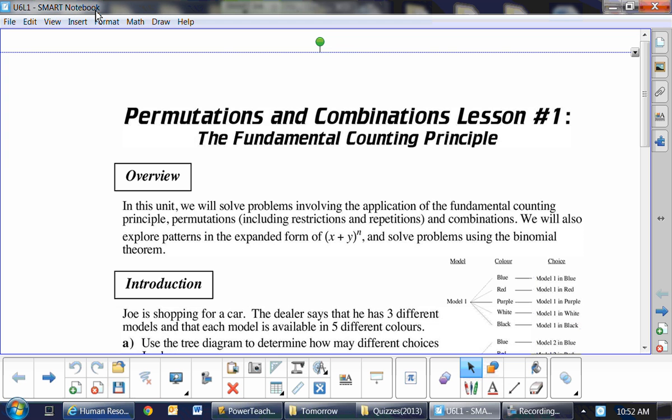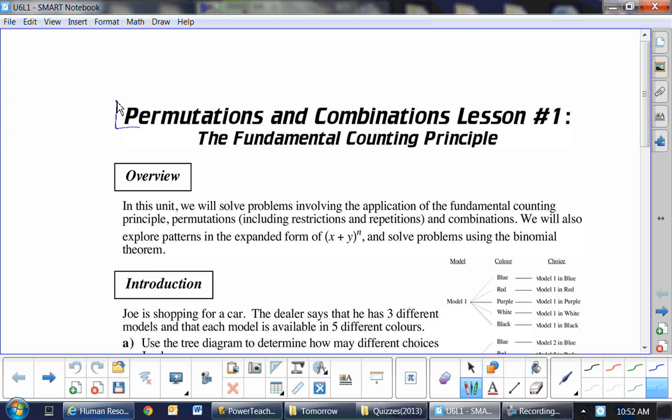Now the first thing is, let's just talk about the title, okay? Now a permutation is a problem in which order matters. And a combination is obviously when order doesn't matter.